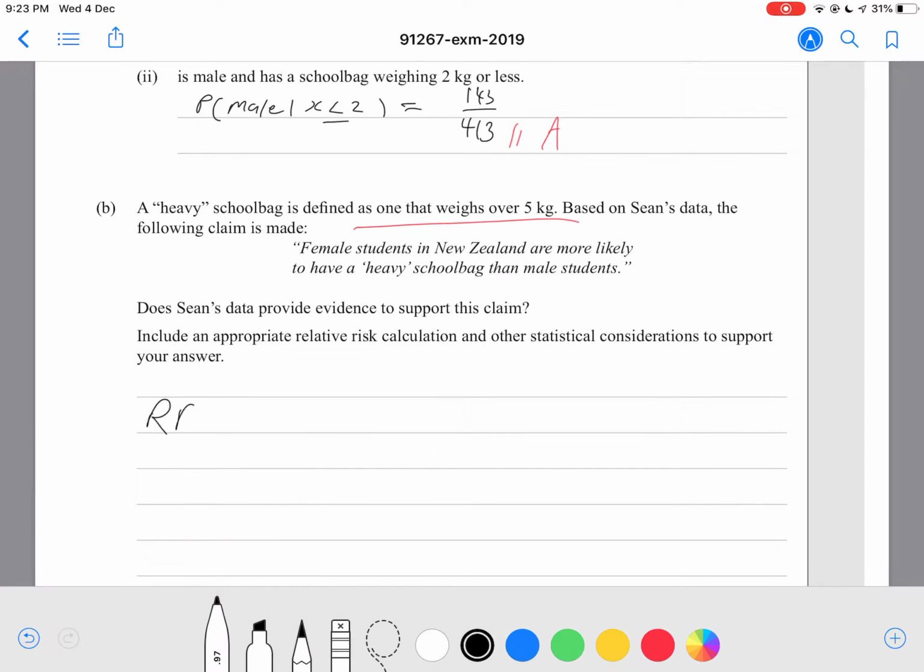So our relative risk would be the probability of a female student with x greater than 5 over the probability of a male student with a bag of x greater than 5.